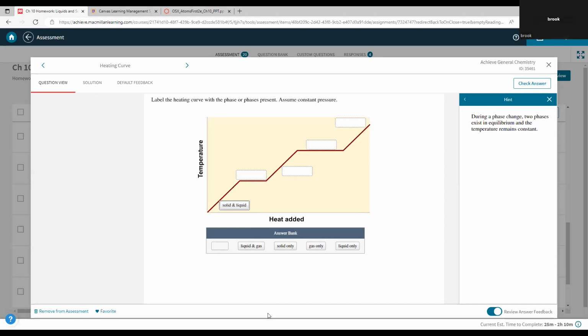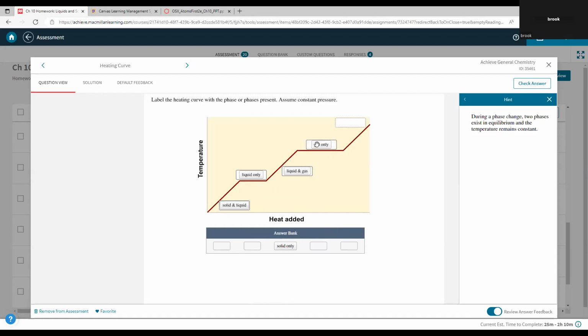Liquid only. What would go as we're heating it up? Liquid and gas. This section? Gas only.